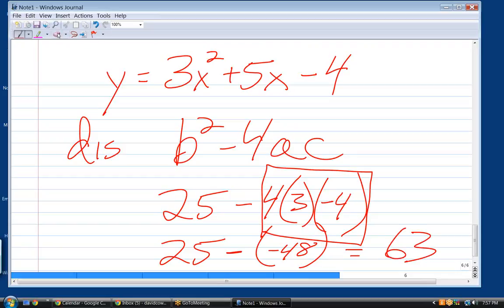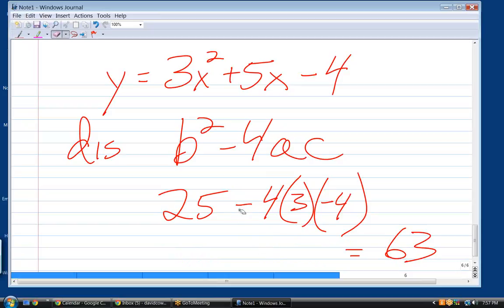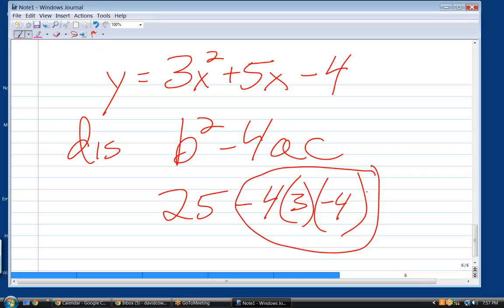And that's something you've got to watch for because, like I said, this is always negative. By definition, it's b squared minus 4ac. So if either a or c are negative, you're going to be looking at this situation, and this situation becomes a plus. But the way to do it is to always multiply those three numbers independent of that negative sign.